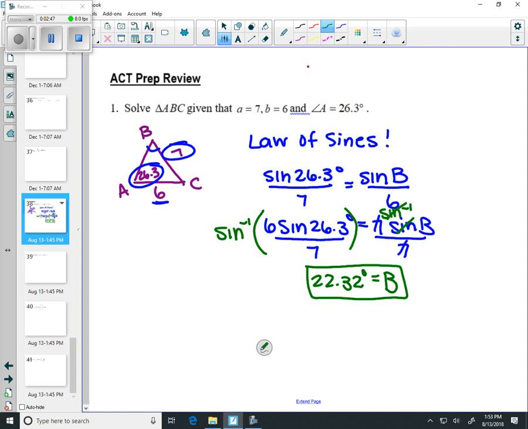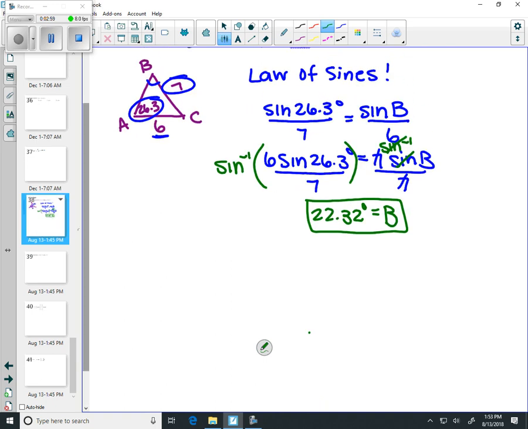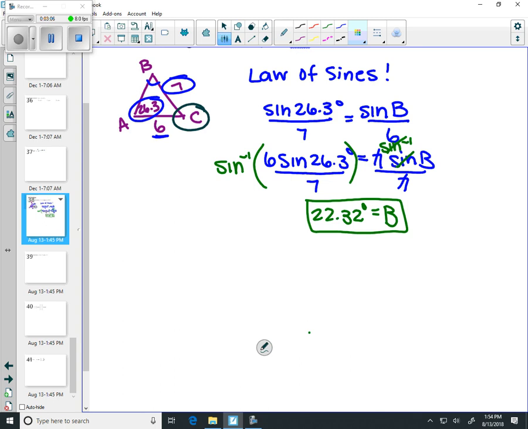Okay, so this says solve the triangle. On the exam, you're probably just going to need one piece, but we'll find all the pieces, so we're sure you know how. Now we have to find angle C. To find angle C, we're going to use the fact that all of the angles in the triangle add up to 180.